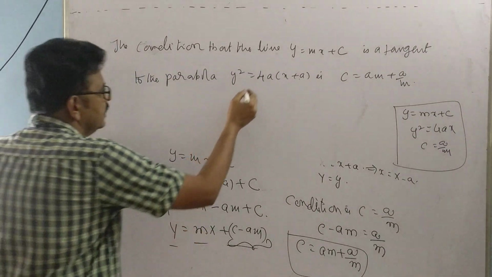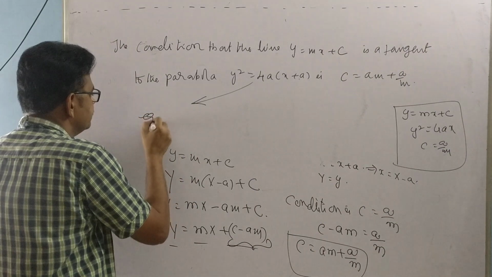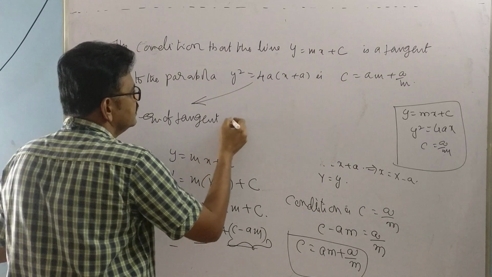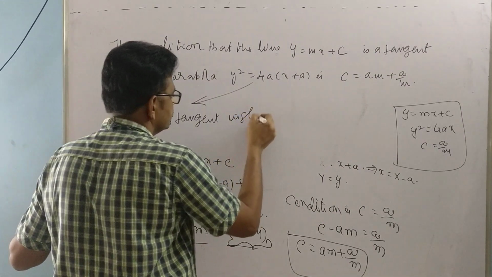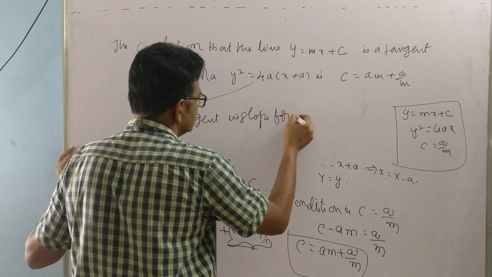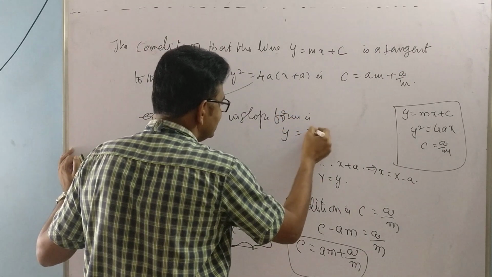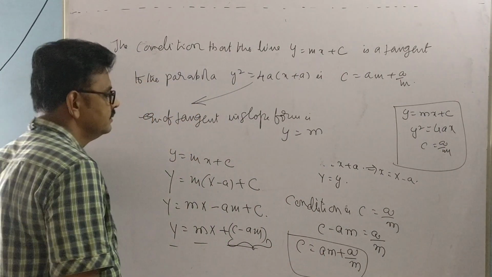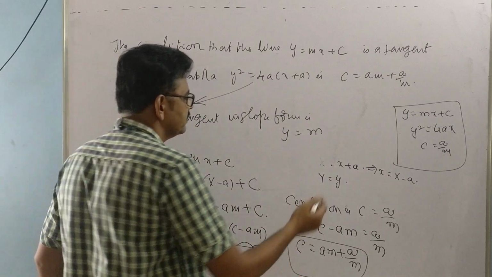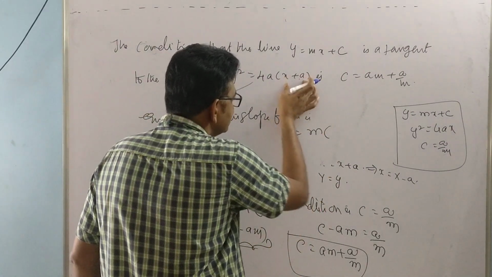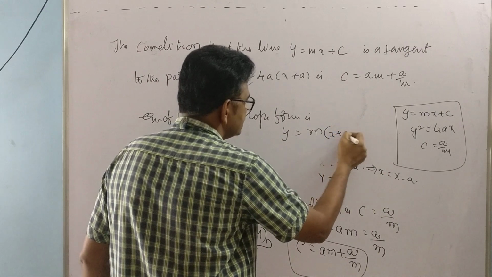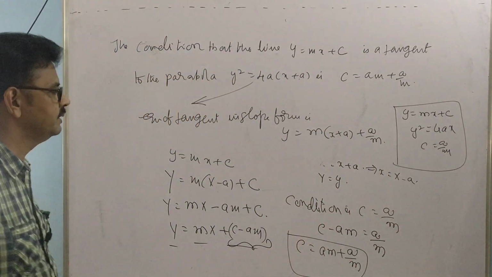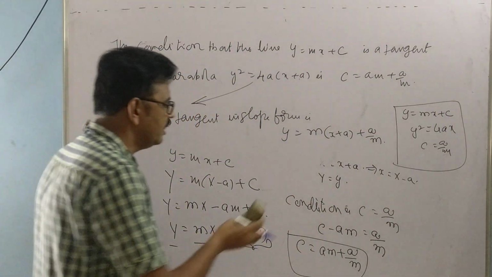So for this parabola, the equation of tangent in slope form is y is equal to mx plus c. c is this one. Simply you can write m into x plus a by m.